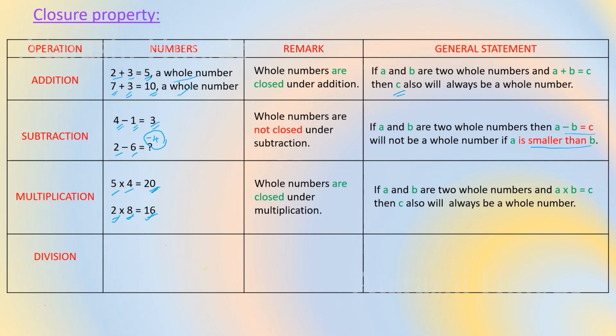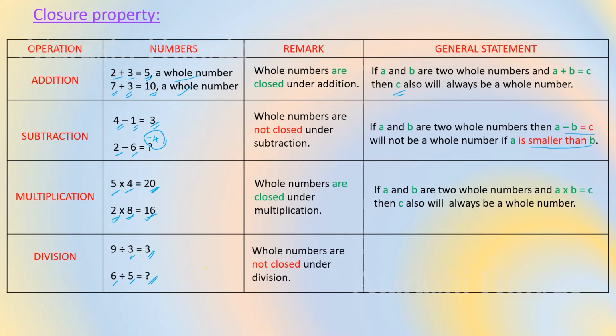When we divide two whole numbers, the quotient need not always be a whole number. In the first case, when we divide 9 by 3, we get the quotient as 3 and 3 is a whole number. But when we divide 6 by 5, we get a decimal number.